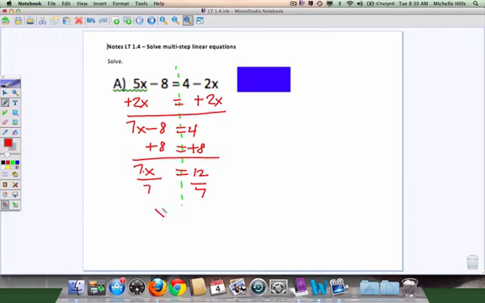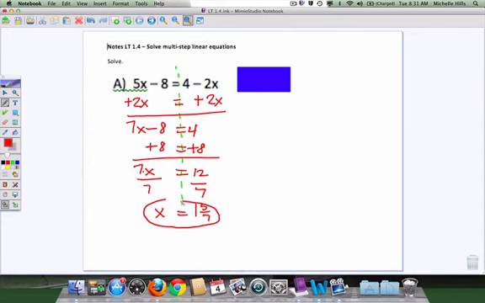Now, if you put this in your calculator, you're going to get a decimal that fills up the entire screen, which means you are not allowed to give me your answer as a decimal. It has to be a reduced, in this case, mixed number because 12 is larger than 7. So, by the time I convert it, it's 1 5/7 for my answer.